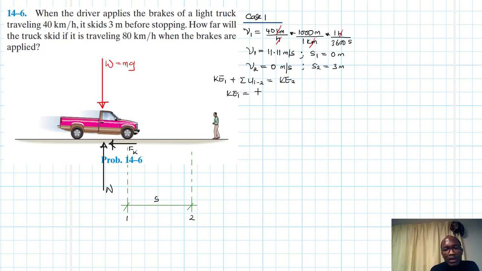So KE1 is going to be equal to half m v1 squared, and this is equal to half mass times 11.11 squared, since the brakes are applied when the velocity is 11.11 meters per second. So our KE1 therefore is going to be equal to 61.7105 m.